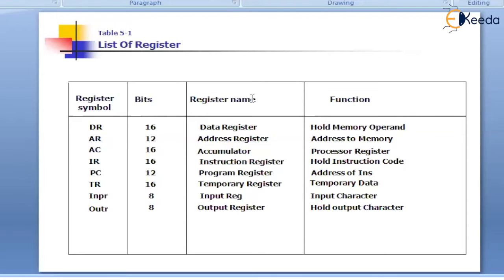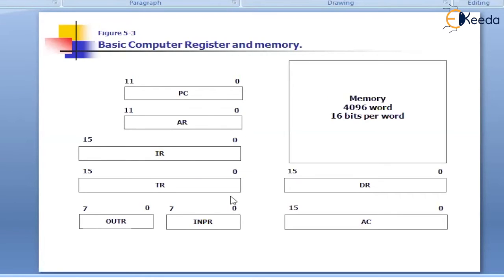Similarly, each and every register serves only a specific purpose, so these are called special purpose registers. Here you can clearly see the order: program counter, address register, instruction register, data register, accumulator, temporary register, input register, and output register.